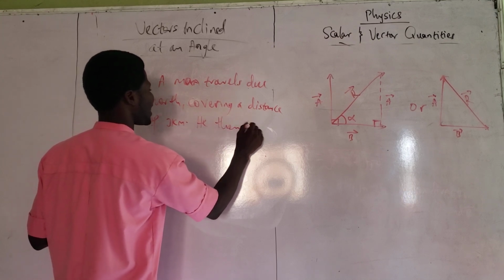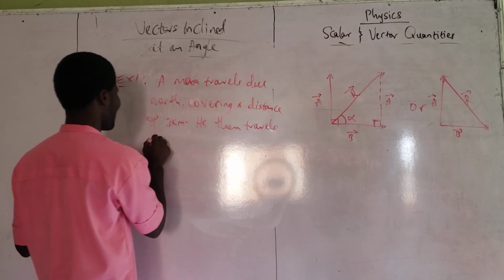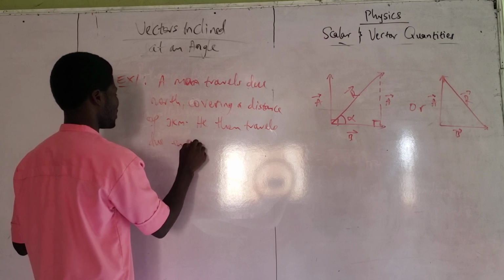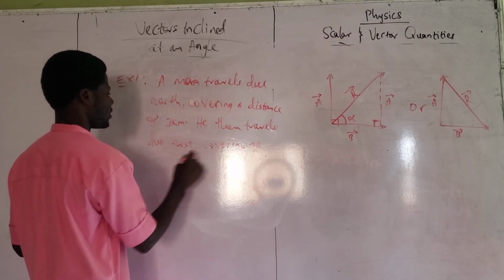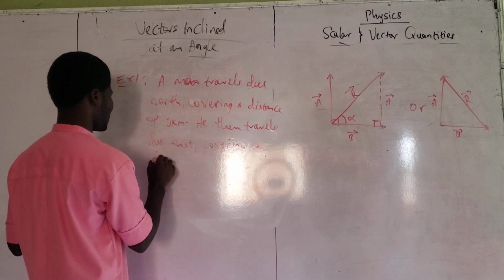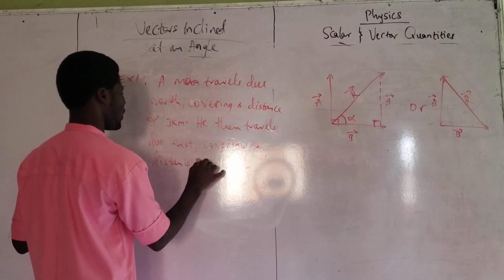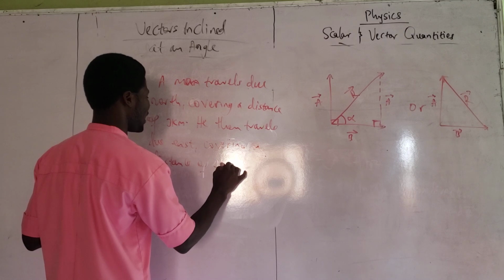He then travels due east, covering a distance of 4 kilometers.